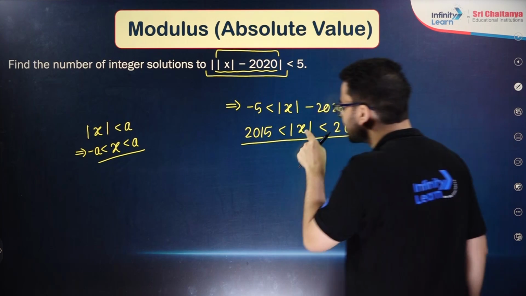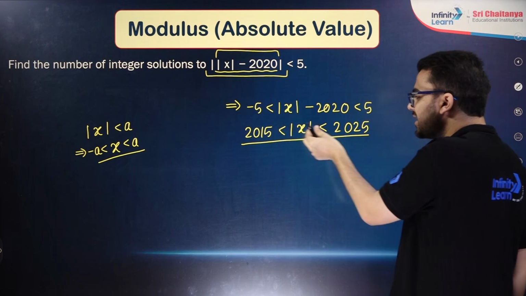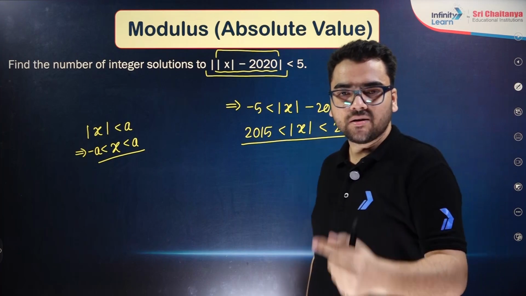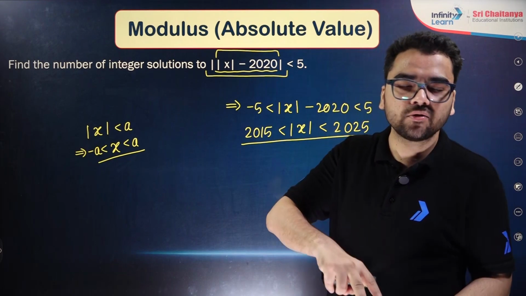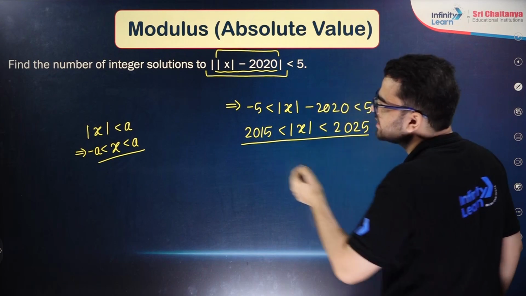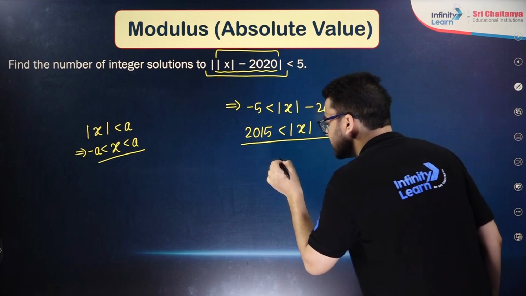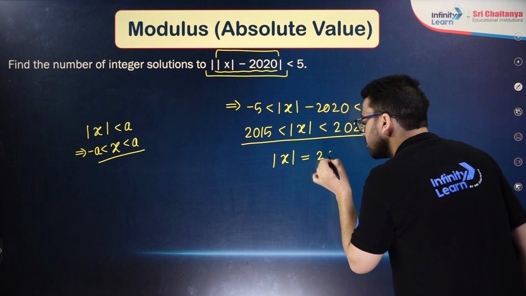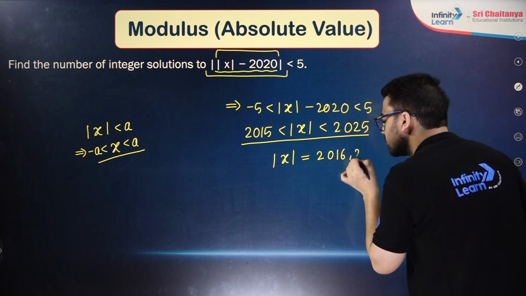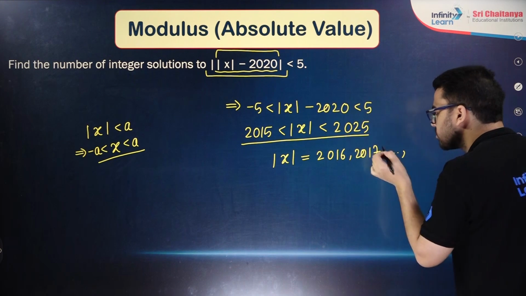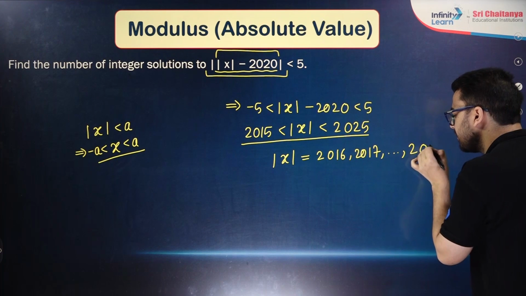So you see, x is in between 2015 and 2025. And that is an integer. You have to find integer solutions. So x can be what? It can be 2016, 2017, and so on up till 2024.